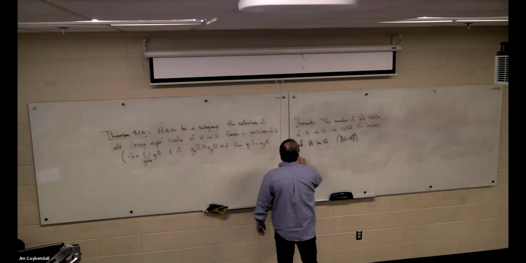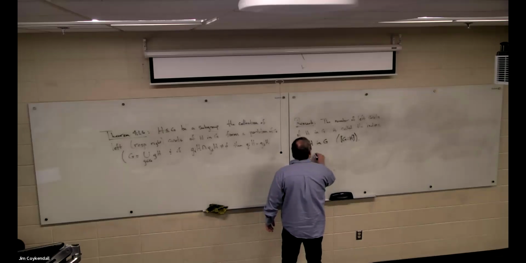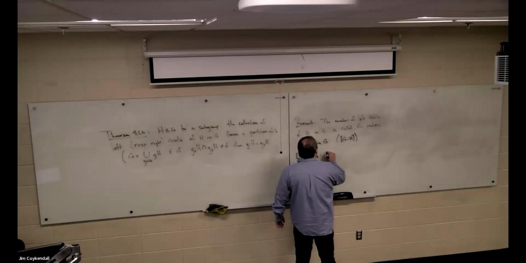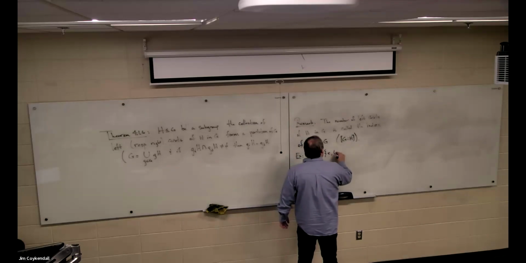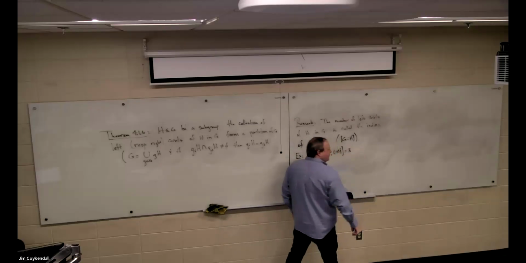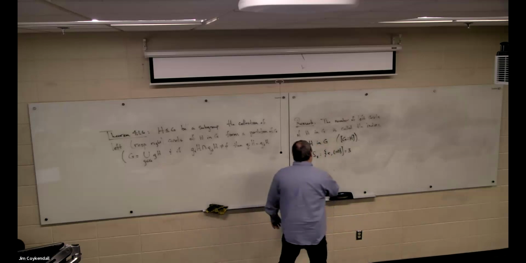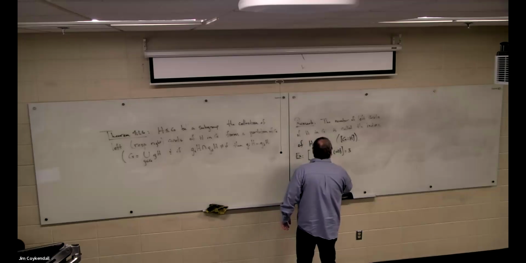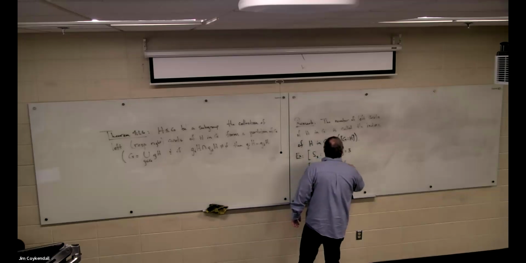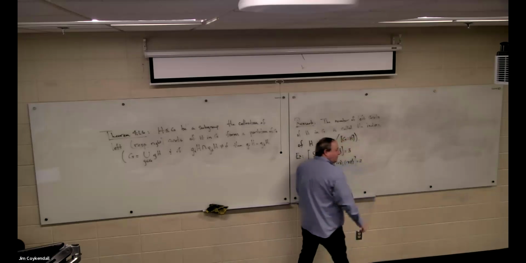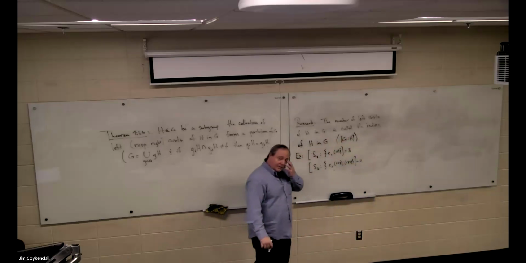So for example, the index of E, (1 2) is equal to 3. And we saw this example, the index in S3 of E, (1 2 3), (1 3 2) is equal to 2. There were 2 cosets in this case.